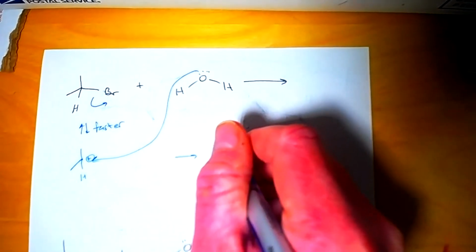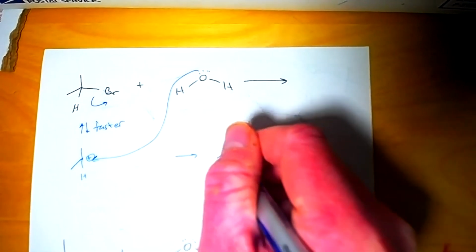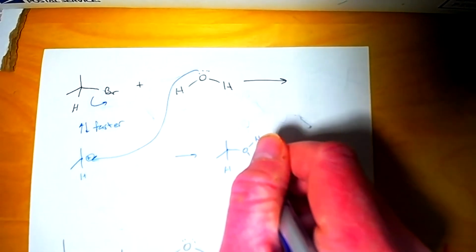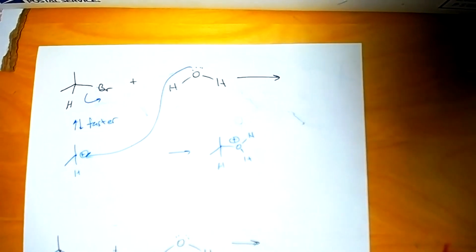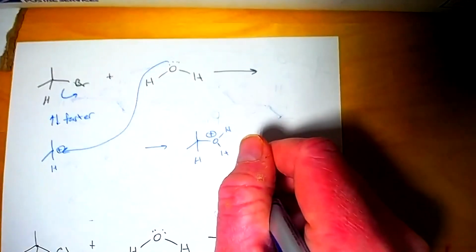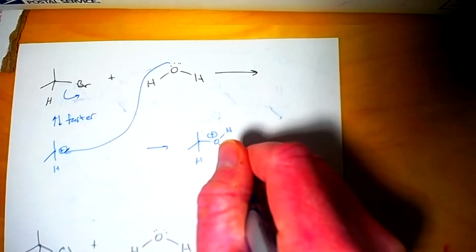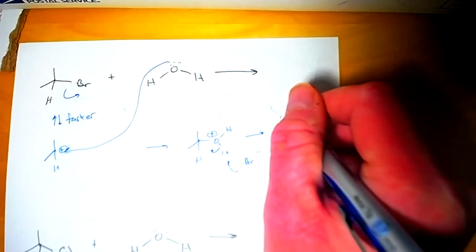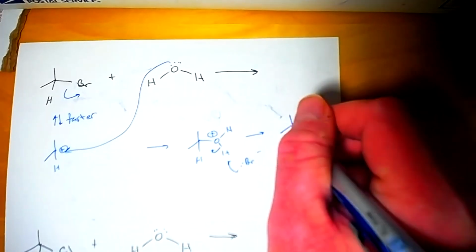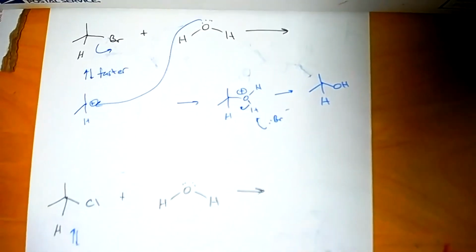And so if water goes and adds it to here, you end up with this species, and then following elimination of HBr, you're going to have this alcohol.